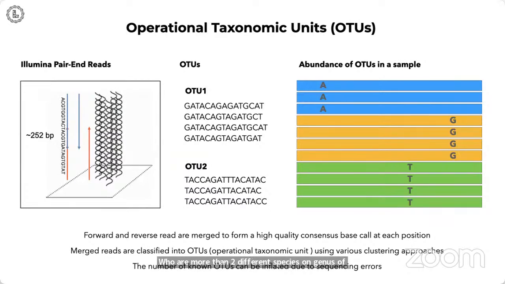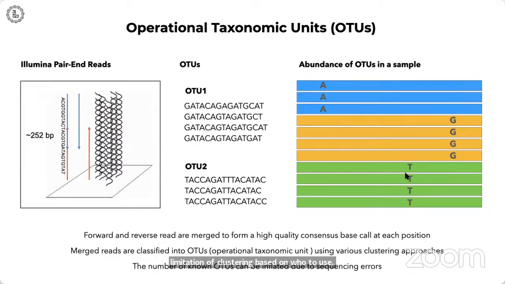In other words, we can sometimes even end up separating bacterial species or genera that exhibit a lower sequence identity level at this 97 or 99% threshold. So that is an associated limitation of clustering based on OTUs.